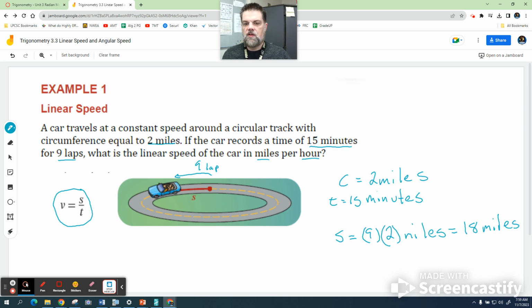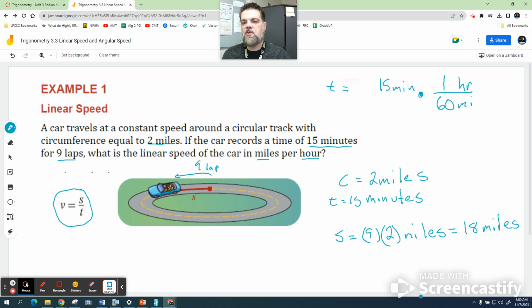Okay? Well, now the other thing I need to do is I need to convert my time, which is 15 minutes, into hours. So when we want to do this, now we all know it's a quarter of an hour, or 0.25, or 1/4, however you want to do it. But remember that 1 hour is equal to 60 minutes.